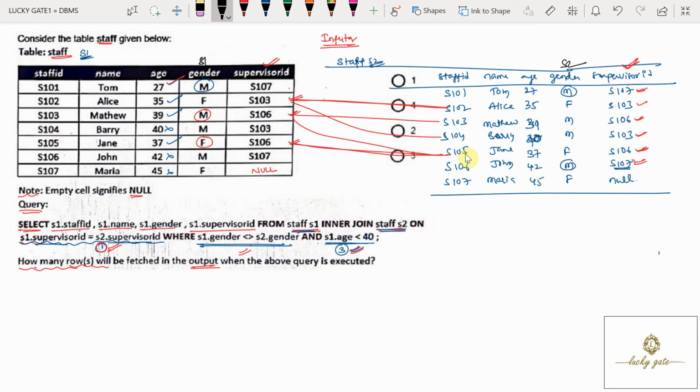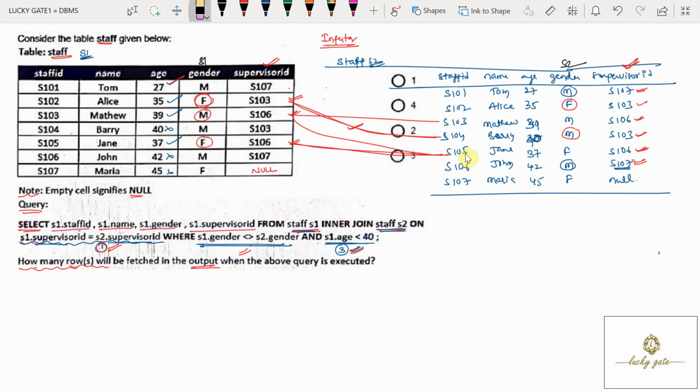Next, S103. Here it is female, this one female, and this is also female, so this combination is not going to be selected. This also has one more combination, where this is female and this is male. This is selected, so the other combination is deleted. I removed it.